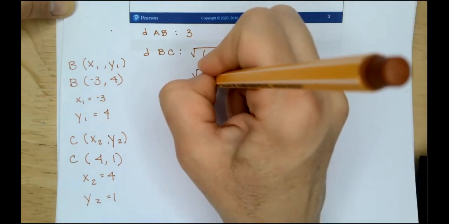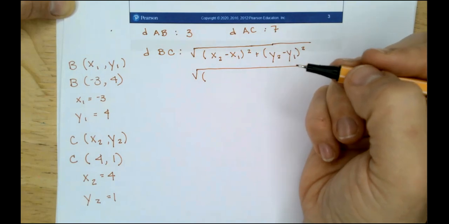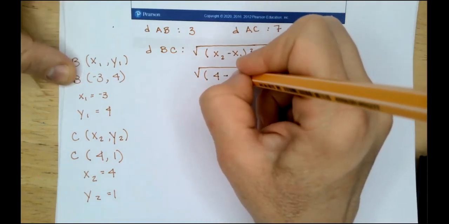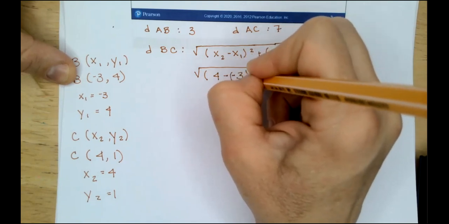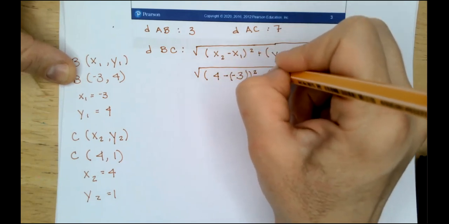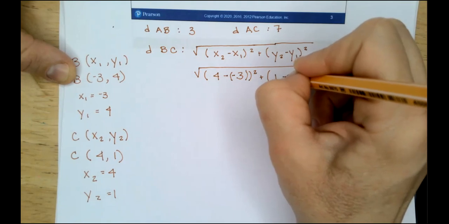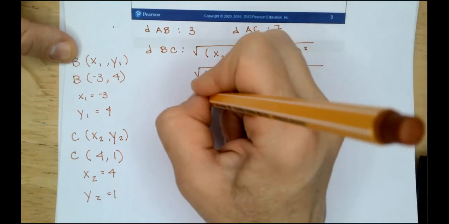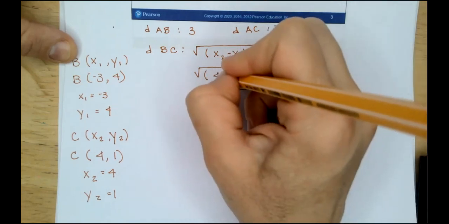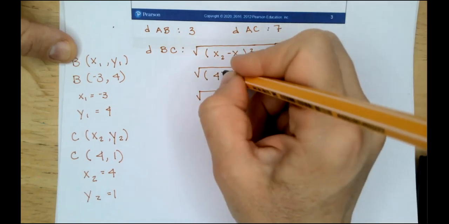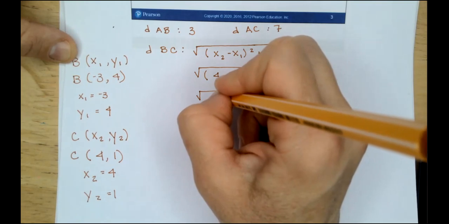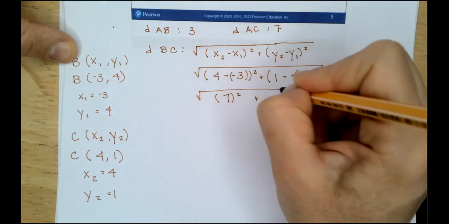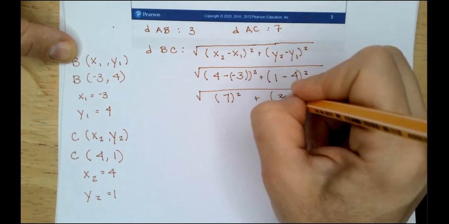Now let's substitute them in. We said x2 is 4 minus x1 is a -3 squared. y2 is a 1 minus y1 is a 4 squared. 4 minus a -3, minus a negative becomes a positive, so that's 7. 1 minus 4 is 3.